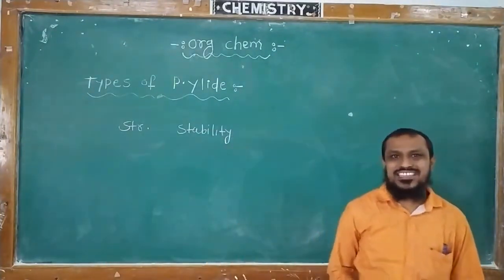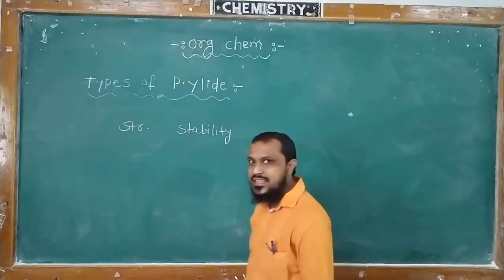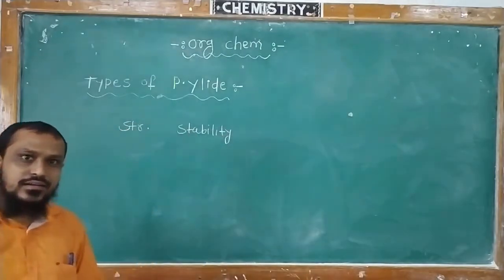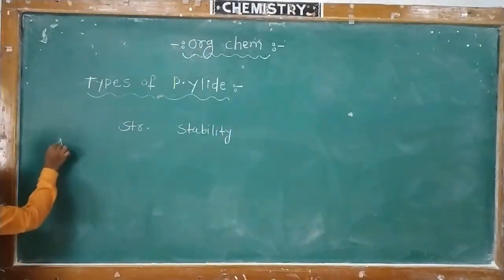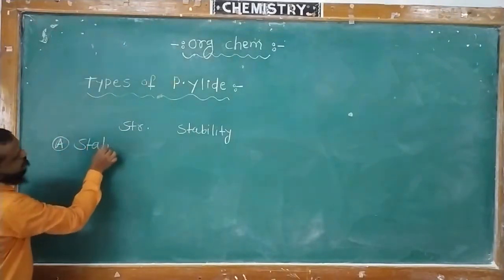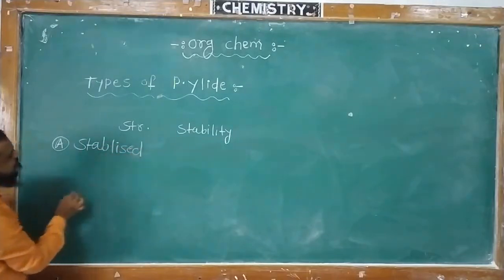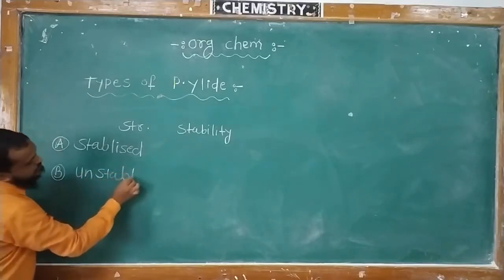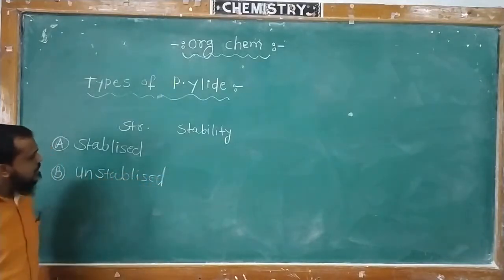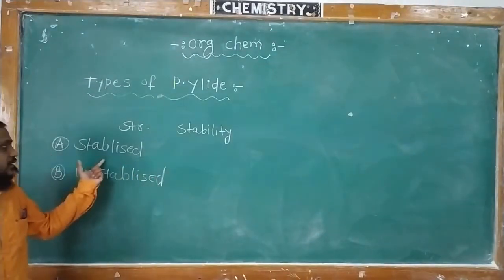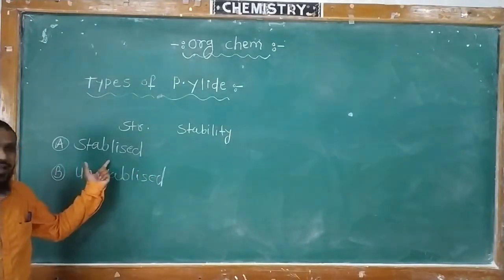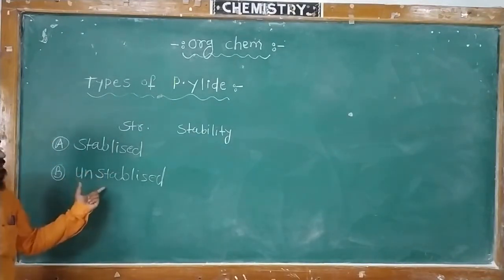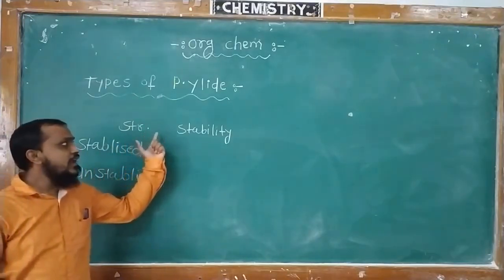First one is stabilized phosphorus Ylide and second one is unstabilized phosphorus Ylide. These are the two types of phosphorus Ylide: stabilized phosphorus Ylide and unstabilized phosphorus Ylide. These both the types are dependent upon structure and stability.